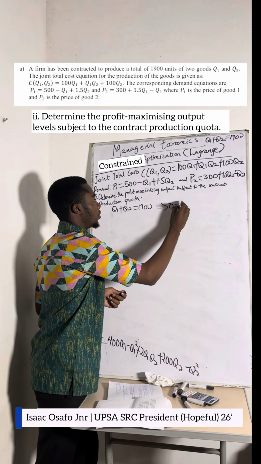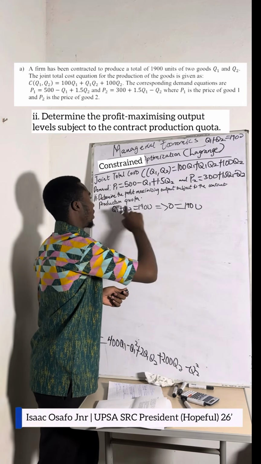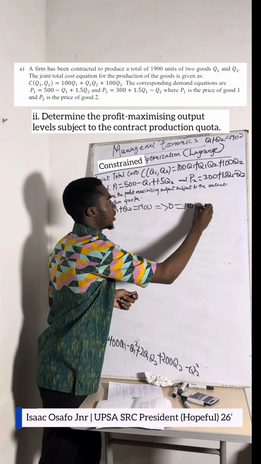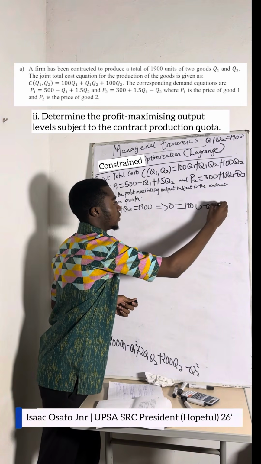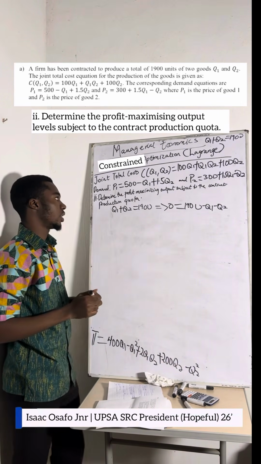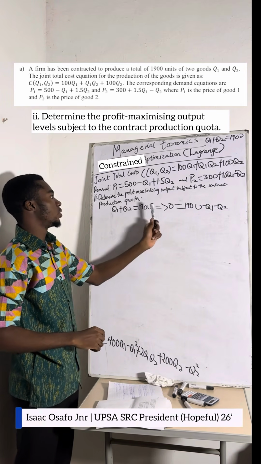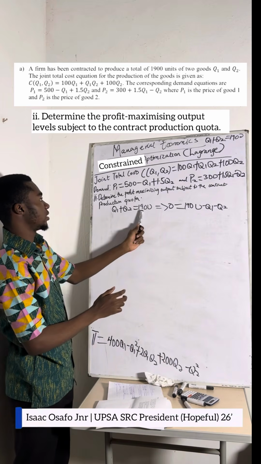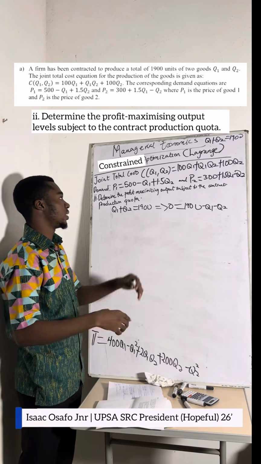So you're going to get 0 is equal to, then the 1,900 will stay here. Then Q1 will cross here to become negative Q1. Then Q2 will cross here to become negative Q2. You get it? So this Q1 plus Q2 is equal to 1,900 changes to 0 is equal to 1,900 minus Q1 minus Q2. In other words, just equate it to 0.